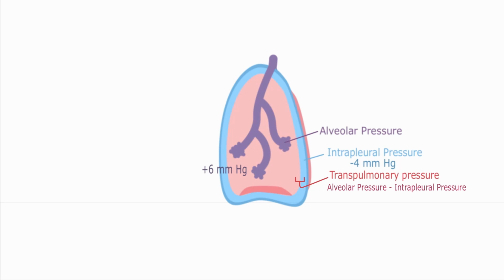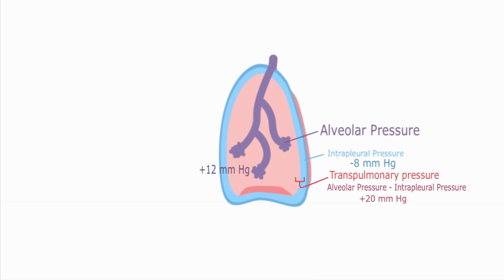For example, if there is a large difference between the alveolar and the intrapleural pressure, then the transpulmonary pressure will be high. In this example, the alveolar pressure will want to expand the lungs significantly because it's much higher than the intrapleural pressure. And normally this will exceed the contractile elements and cause the lung to expand.